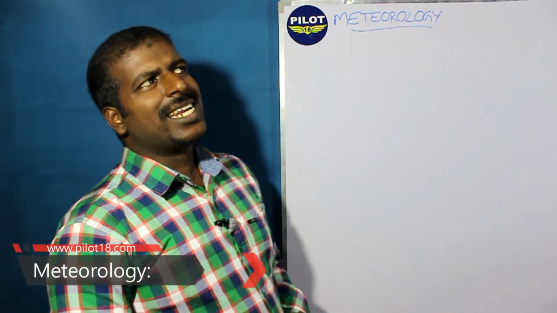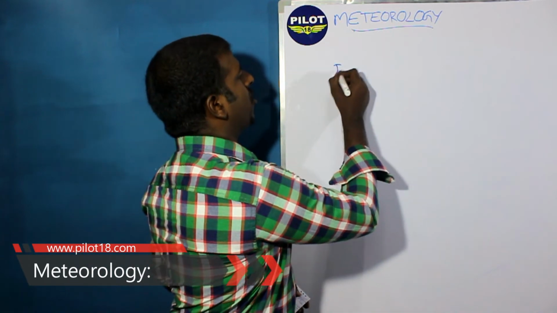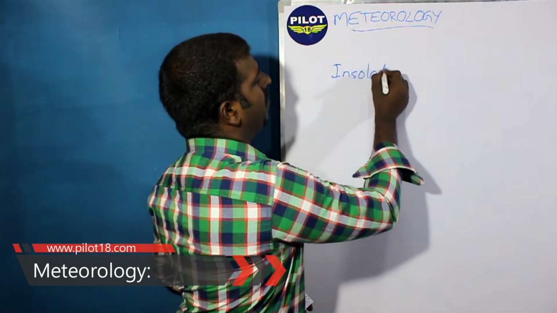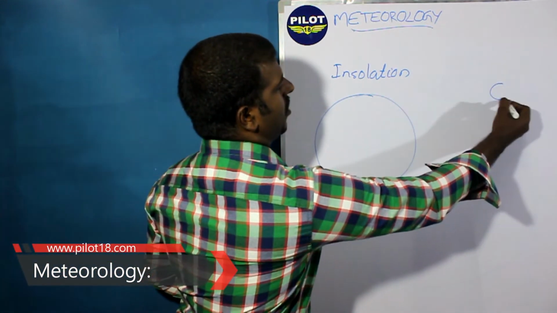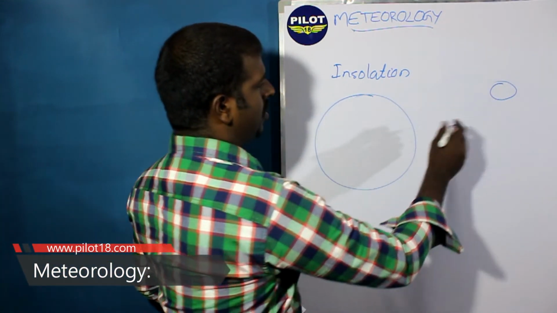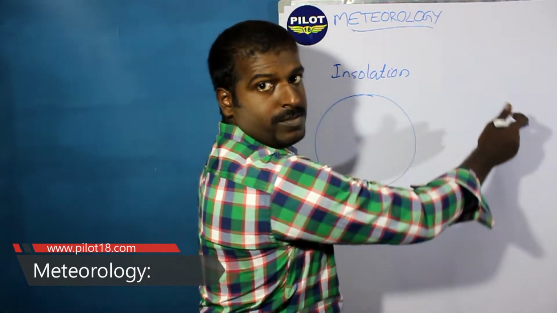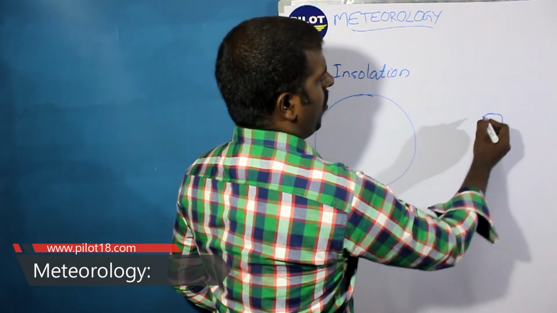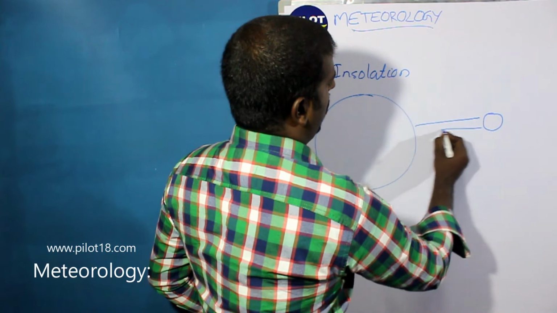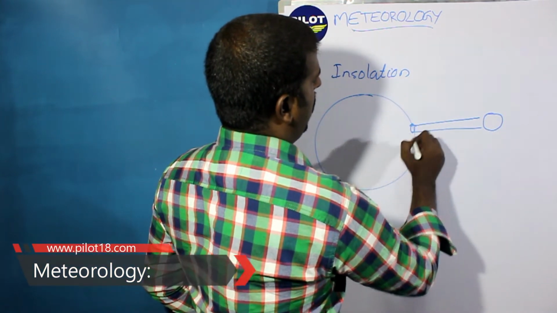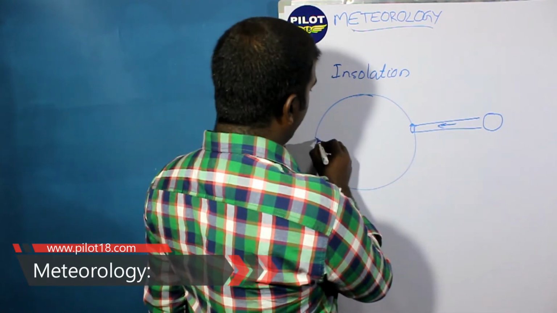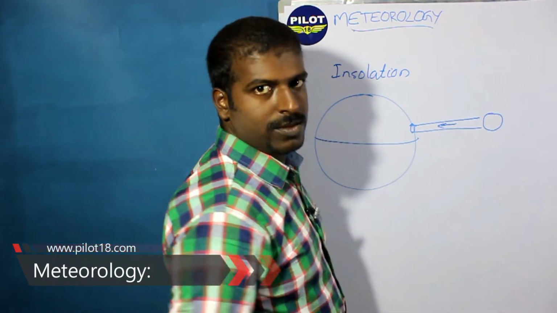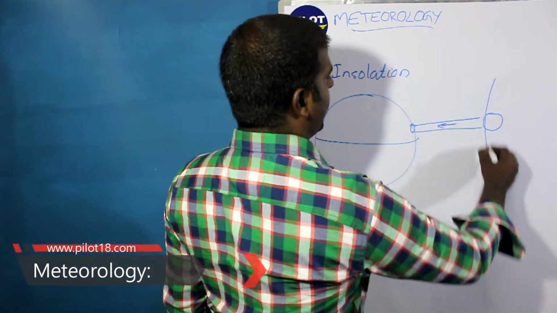And where is the insolation highest? Okay, let us talk about insolation, incoming solar radiation. Suppose this is Earth. Sun is heating up this much area in tropics, and sun is not like this.